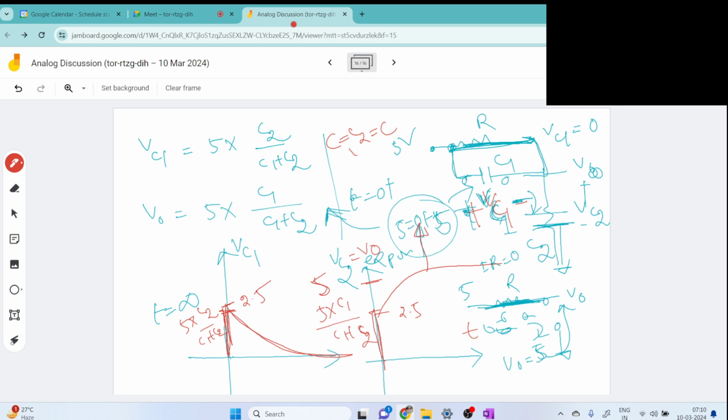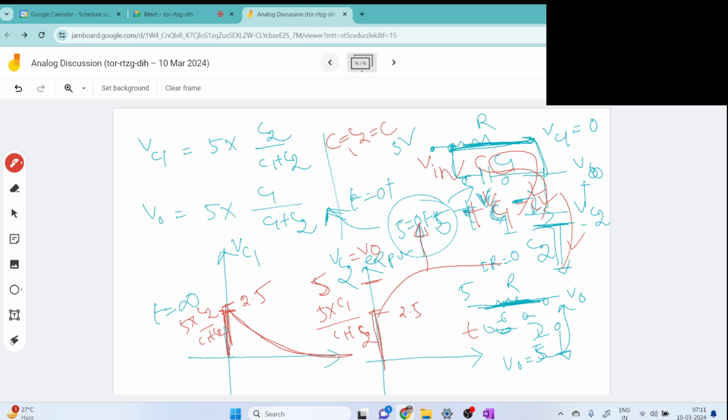Then one capacitor discharges through this path, and C2 charges more towards V in. So this is the intuition behind this circuit.